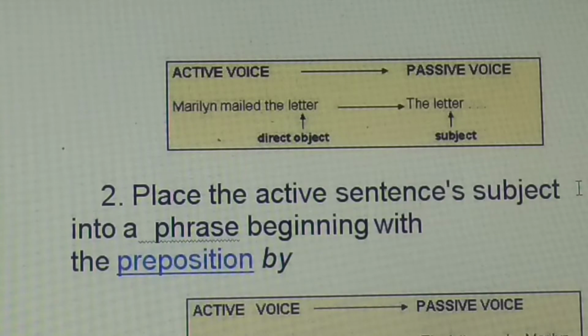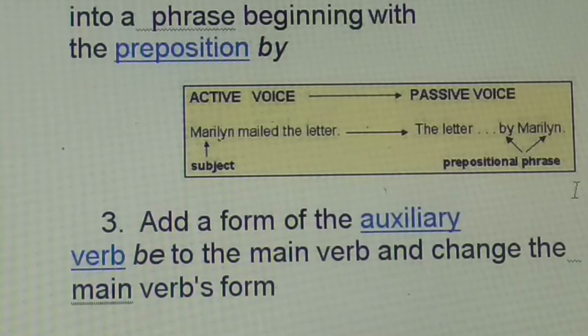It has a direct object, letter. Passive, the letter becomes the subject. Place the active sentence's subject into a phrase beginning with the preposition by. Marilyn mailed the letter. Subject is Marilyn. The letter was being mailed by Marilyn.